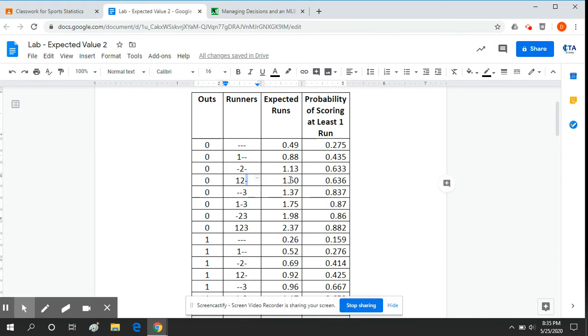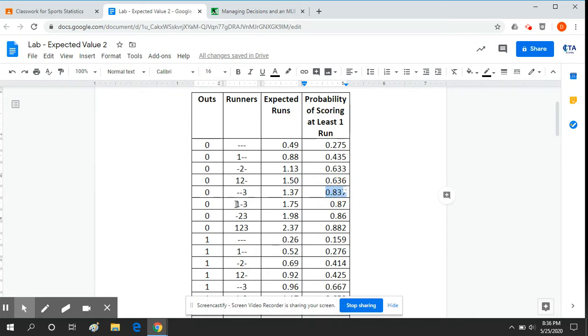That would be an average of 1.5, and you have a 63% chance of scoring a run. This would be a runner on third, and first and second are empty. So notice in this one, the average number of runs you score is lower than when you have a runner on first and second, but the chances of scoring at least one run is pretty high.